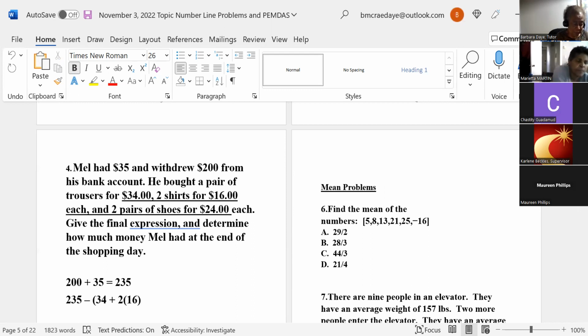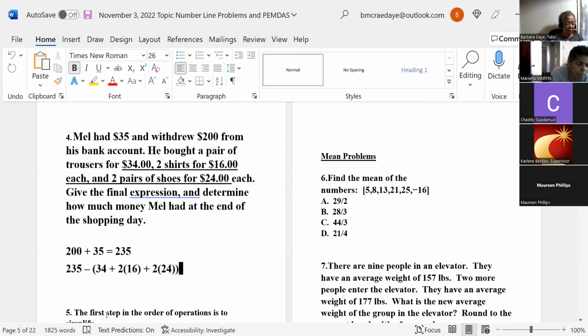Now, what else? What about the shoes? $24 for the shoes. So what would I write? Plus $24. How many pairs of shoes? 2 pairs. So you'd have to say 2 times the 24, right? That's 48. Okay. Now, this is what you will subtract from the 235, okay?